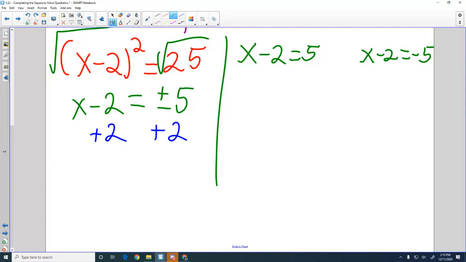If that helps you for now, you can go ahead and write them out separately, because this is what you're actually solving, 2 different equations. And then by adding 2, I'd get a 7 or a negative 3.